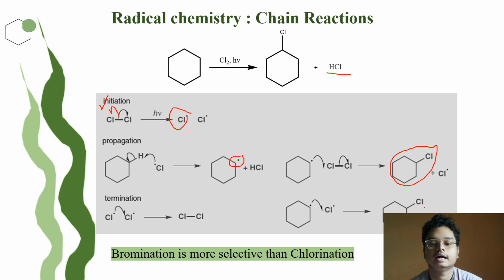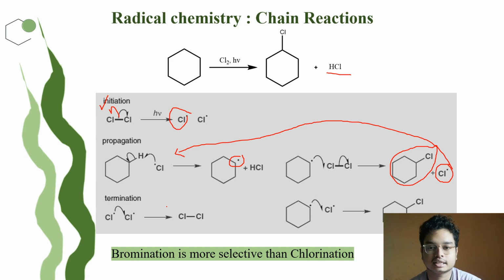Okay, and this chlorine radical again goes here to continue the chain reaction. Now after the reaction, there is a termination step. The termination can happen via two different pathways.